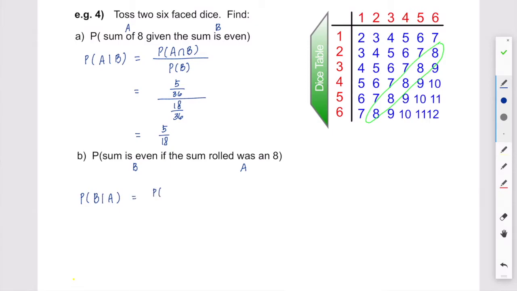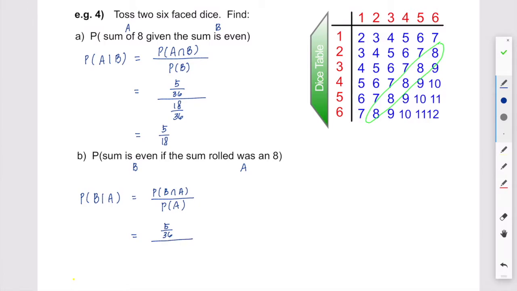Theoretically, we have P of B and A over P of A. This time, even and 8 is still 5 out of 36.